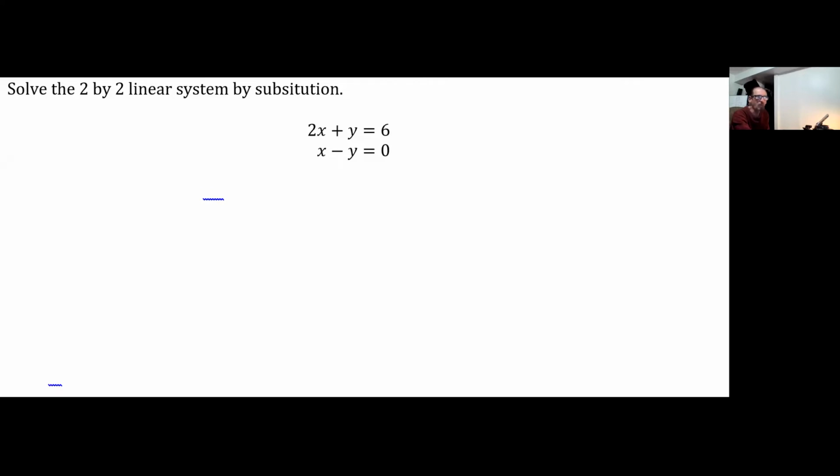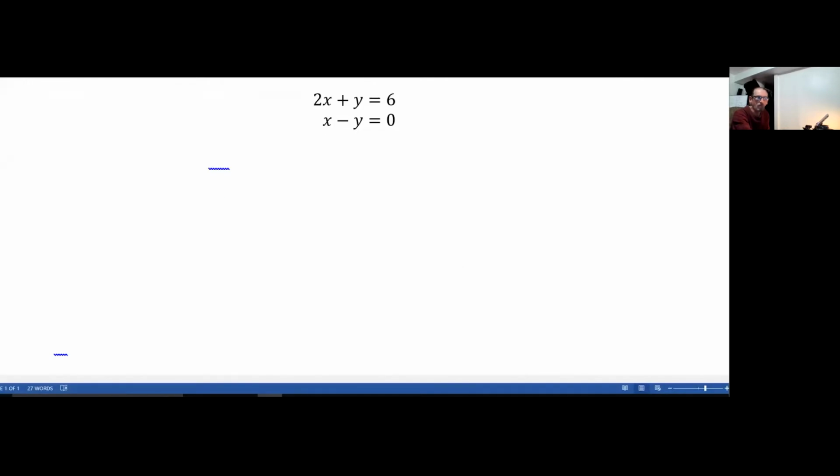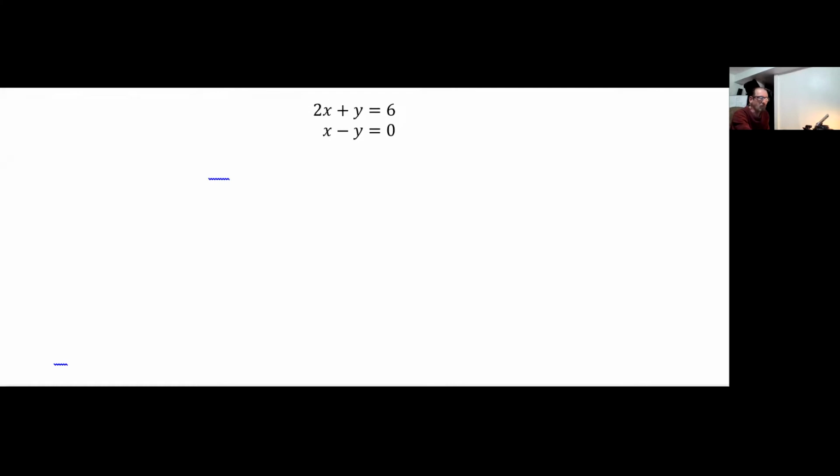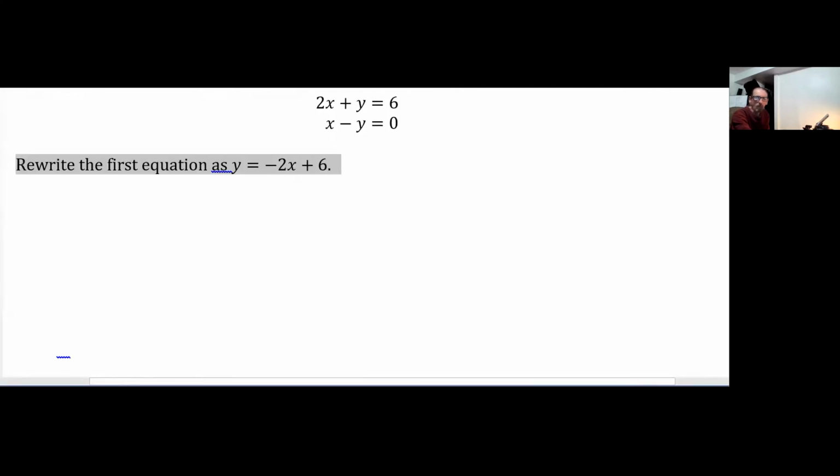Let's see what would happen when we solve this by substitution. I'm going to rewrite the first equation so that y is alone. We actually did that in the graphing, but I'll re-show the result of that. So we had rewritten the first equation as y equals negative 2x plus 6.